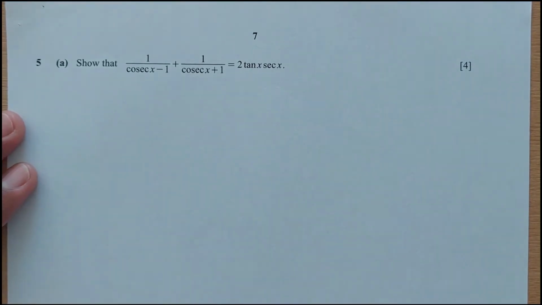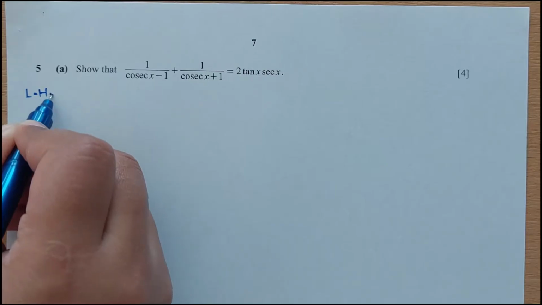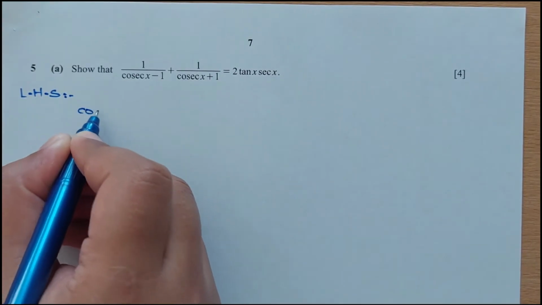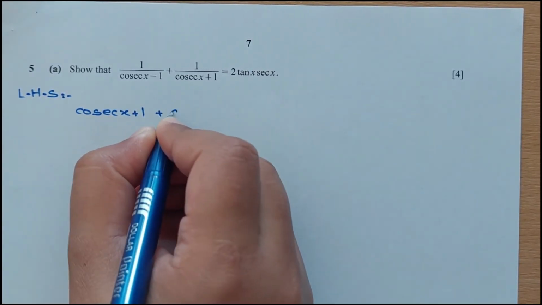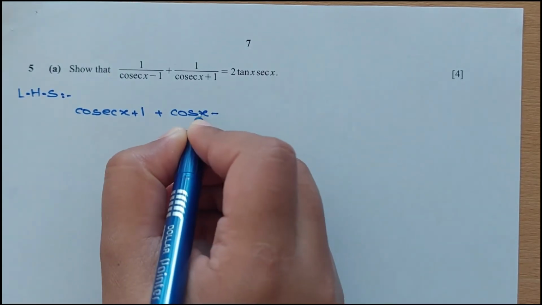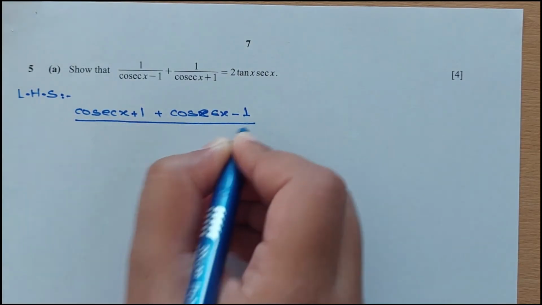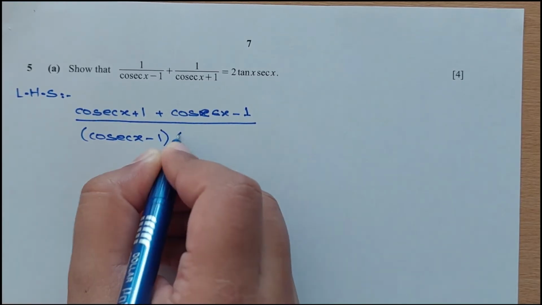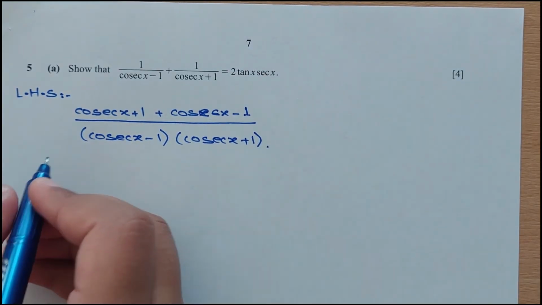Question number 5 in A part, we need to show that the left hand side must be equal to the right hand side. So let me start from the left hand side. Let's take LCM, right? So cross multiplying, we have cosecant x plus 1 plus cosecant x minus 1, divided by the product of cosecant x minus 1 and cosecant x plus 1, right?